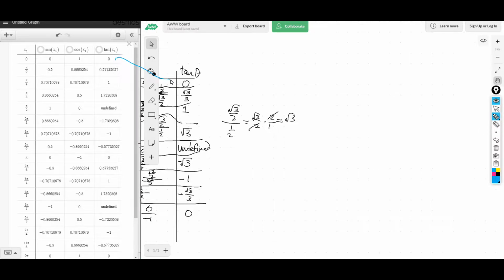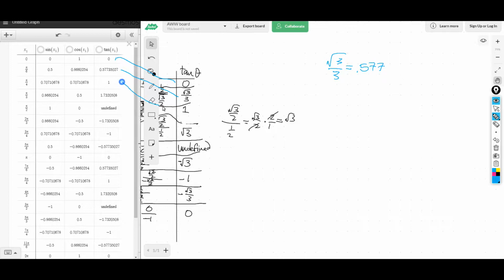We've got 0 and 0, that matches. We have 0.577, so we need to know that square root of 3 over 3 equals 0.577.